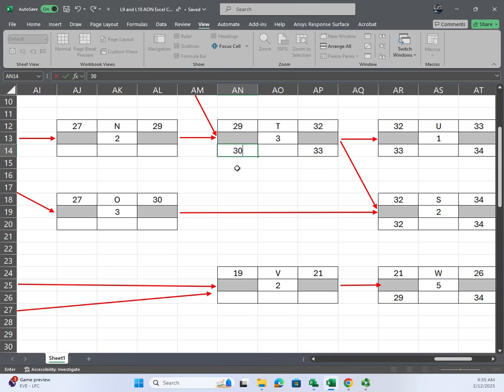This one happens to be 29. Pass it back, and it's going to be 27. This one just happens to be 32. This will be 30 or 29 again. And then this one happens to be 30. And that makes this one 28.